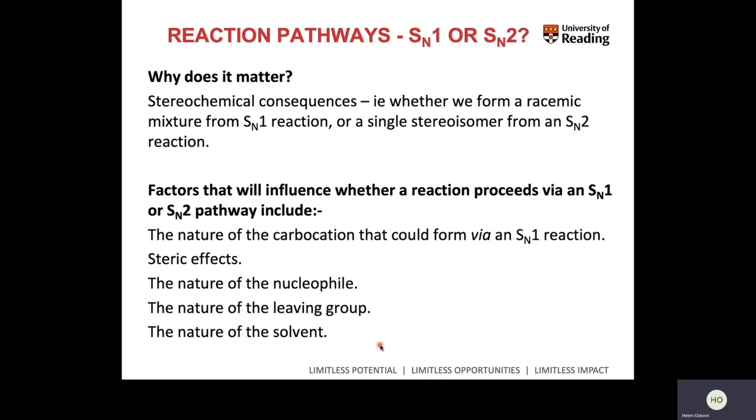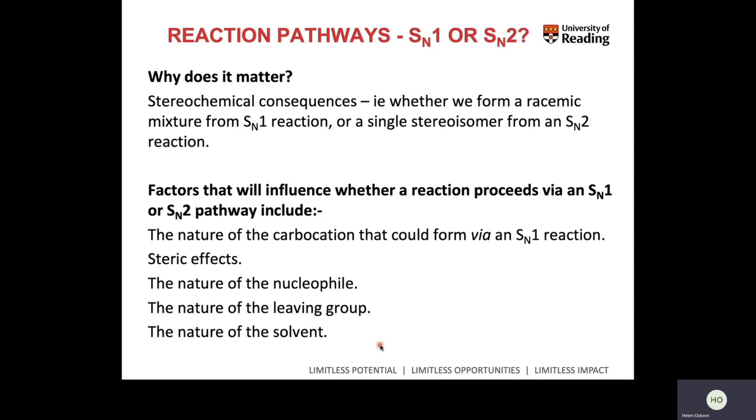Because in the SN1 reaction, where we've got our planar carbocation that we can attack via either side with the nucleophile, if we attack from either side with equal probability, we're going to get a racemic mixture. We will not get single isomers, we'll get a racemic mixture, which is an equal mixture of the two different enantiomers. If we do the SN2 reaction, we've seen we get the inversion, we're going to get a single isomer.